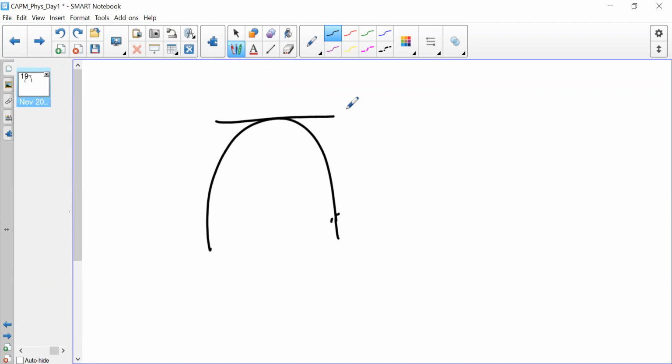But getting to the point, at the top, the maximum height, the velocity will be equal to 0. So after 4 seconds, since it takes 4 seconds to go up as it takes 4 seconds to go down, that's our answer for letter E, the first question.